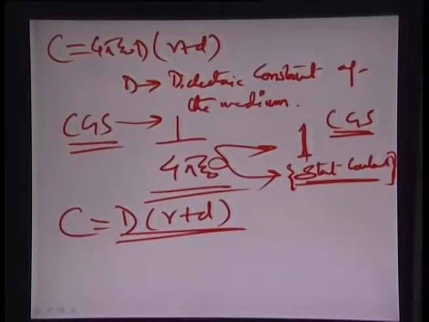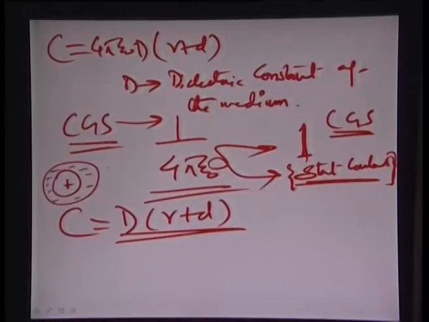So C becomes D times R plus D, and we take the potential due to the double layer as zeta. The capacitance D times R plus D is the capacitance of this primary ion surrounded by a counter ionic cloud.